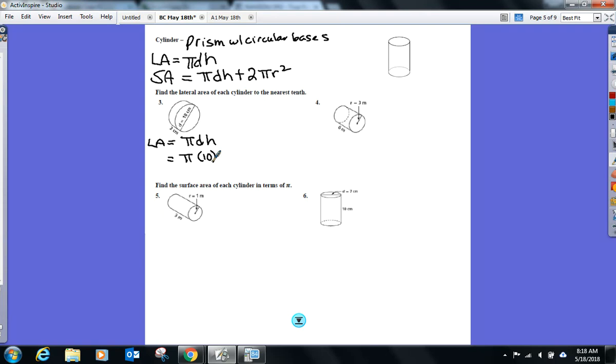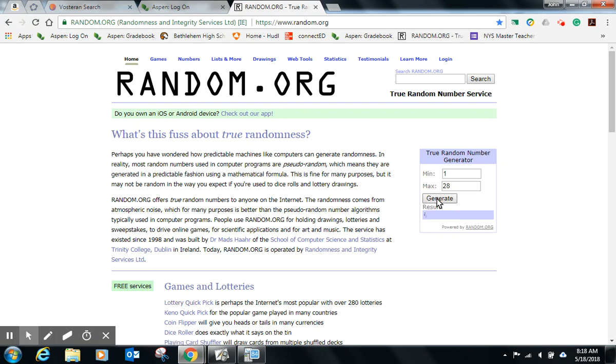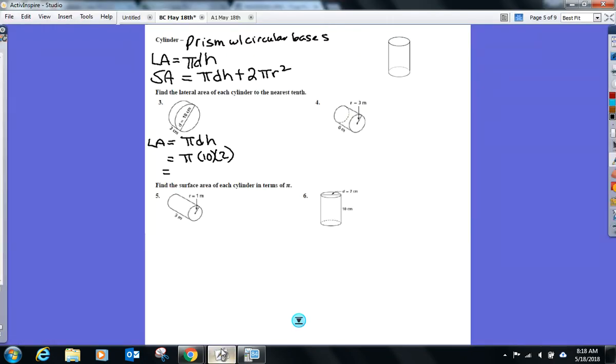If there's more than 2 values on there, the height of the cylinder is always the distance between the 2 circular bases, which in this case will be 2. And to the nearest 10th, what are we looking at here? 13, nearest 10th? 62.8. Thank you for the units as well.